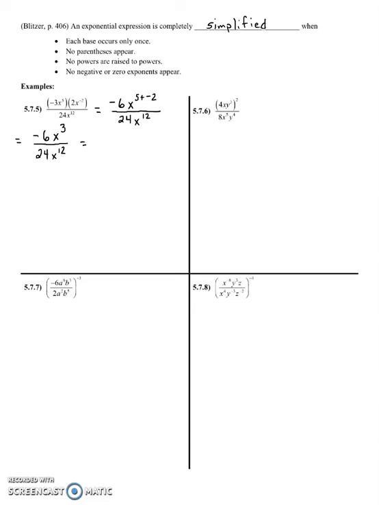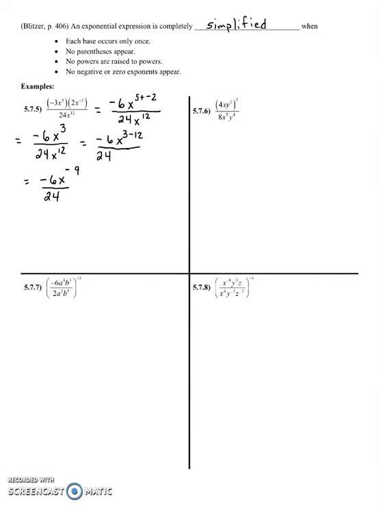Okay, if we continue, we have -6 over 24, and we have x cubed divided by x to the 12th. That's where we subtract exponents, and the one in the numerator goes first. So we have 3 minus 12 for the exponent on the x, which is -9, over 24.